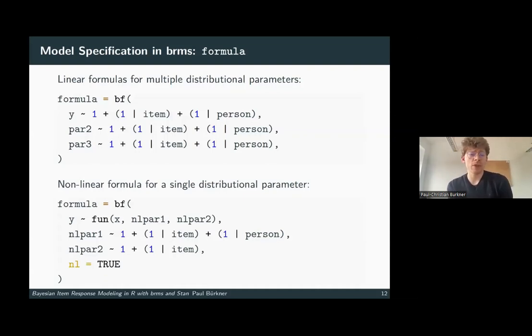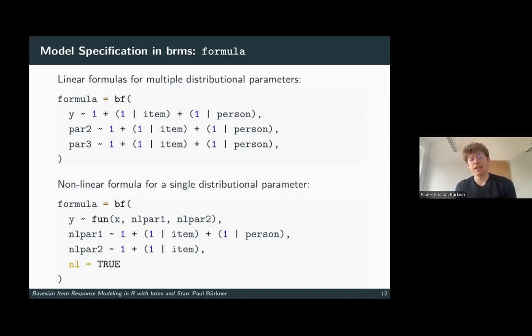But brms also supports a second kind of interface for multiple parameters, which is the so-called nonlinear formula syntax. Remember, for example, in the binary IRT models, we didn't really have multiple distributional parameters. We just had the success probability in some way, but we were relating that to multiple additional parameters, for example, discrimination and guessing.